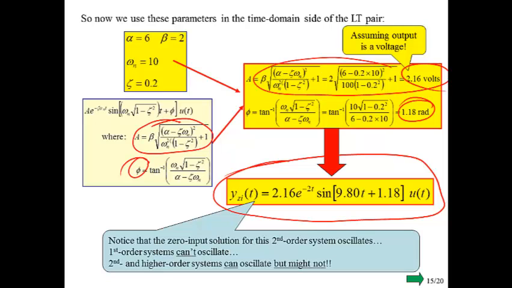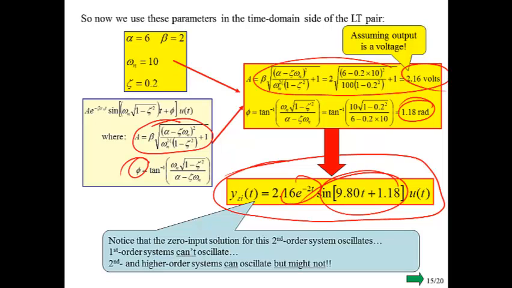We've got a system that's underdamped, and we see that we have decayed oscillatory behavior. So a second order system that is underdamped will oscillate. A first order system cannot oscillate.